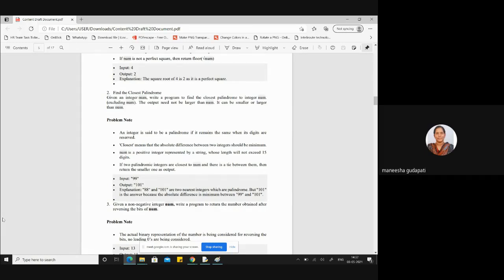And here you should not consider whether the number is palindrome or not. You are not supposed to find out whether the given number is palindrome or not. You have to find out the closest palindrome. How to do that?